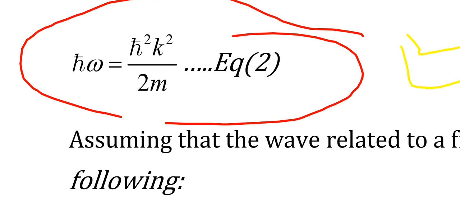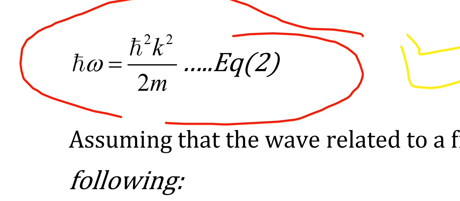And the moment I replace the momentum p square by 2m, with h cross square k square, what information does k contain? k is 2 pi by lambda, and these lambdas are related to wavelength. These lambdas are not related to classical particles. So the moment I replace the momentum of the classical particle with h cross k, where k contains the information of wavelength, it means I inserted here the wave nature of electron.